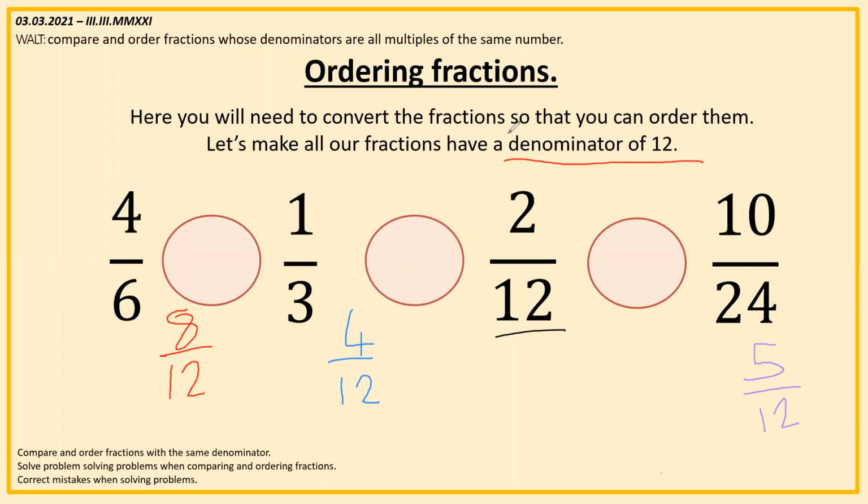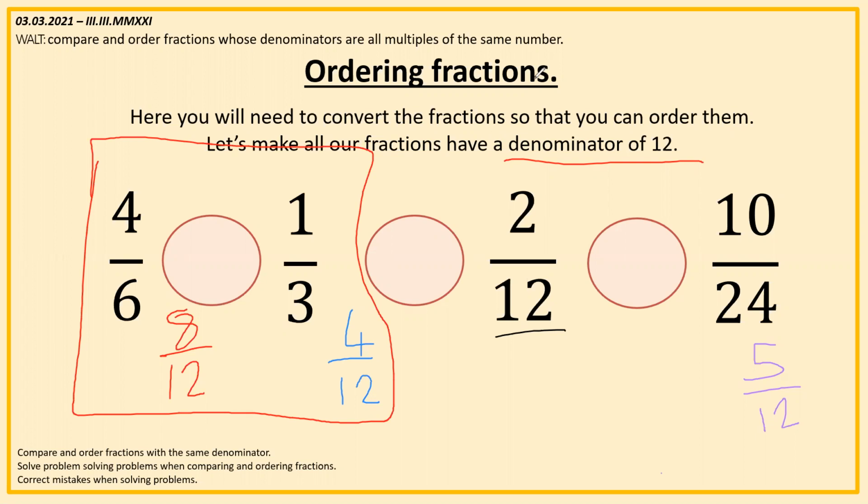We will have a look at these two first. We've got 8/12 and 4/12. Looking for the greater numerator now that they are both the same, we know that 8 is larger than 4, so 8/12 is the larger fraction. That means that 4/6 is greater than 1/3.